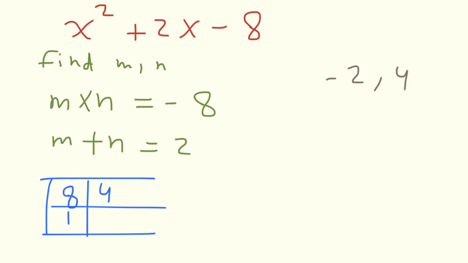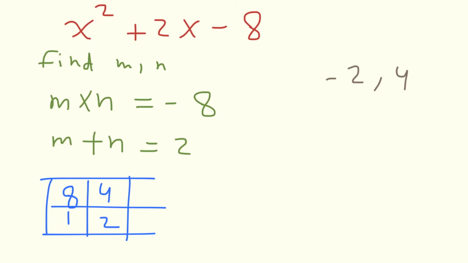Also 4 times 2. Any other possibilities? No, these are the only two possibilities. And one of them must be negative, because when you multiply, you have to get minus 8. So for example, minus 8 times 1 or 8 times minus 1. Also, it can be 4 times minus 2 and maybe minus 4 times 2, right?